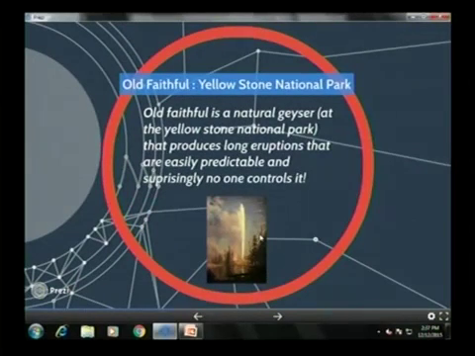Old Faithful is a famous geyser at Yellowstone National Park that produces long eruptions that are easily predictable, and surprisingly no one controls it.